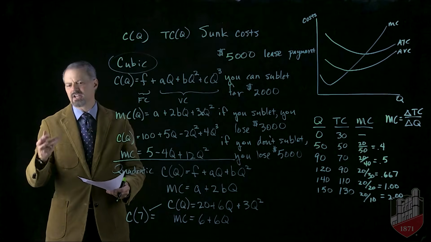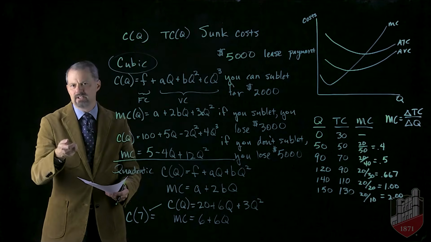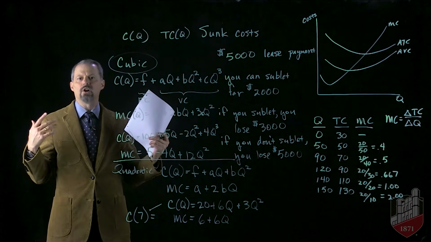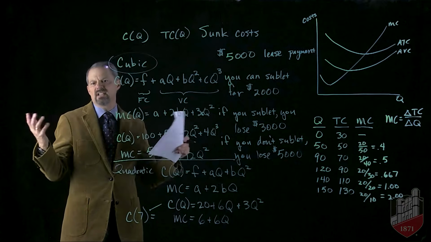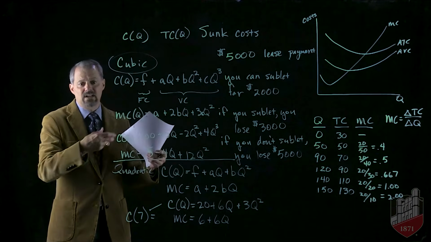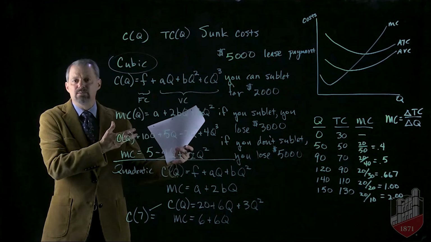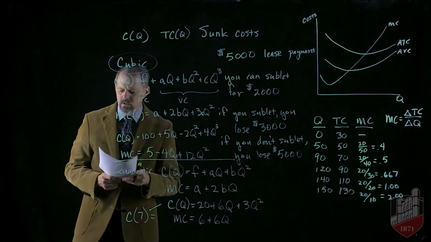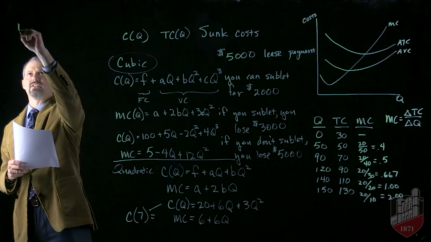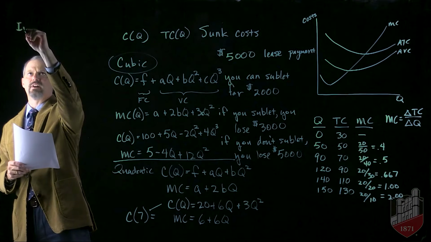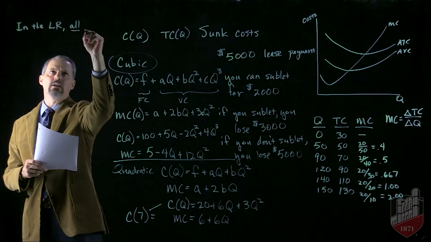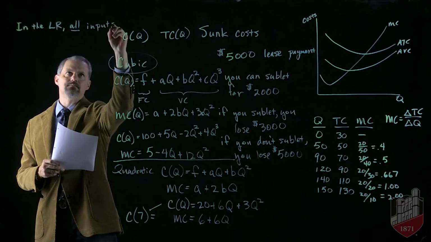You're not stuck with a certain number of machinery, like you don't have just 4 machines. In the long run, we could think about producing with 2 machines, or 6 machines, or 60 machines if we wanted. The key here is that in the long run, all inputs are variable.